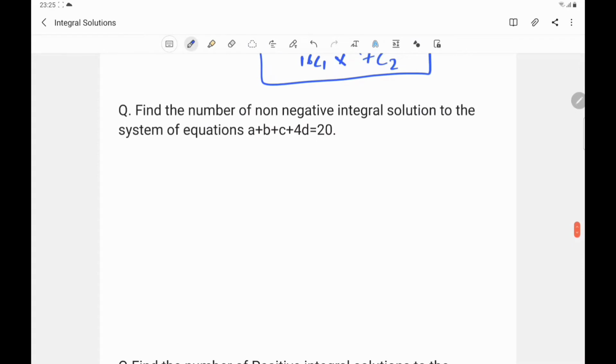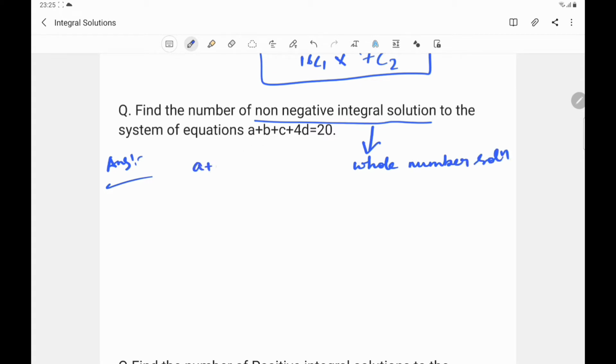Now let us solve another question. This question states that we need to find again the whole number solutions. The given equation is a plus b plus c plus 4d is equal to 20.